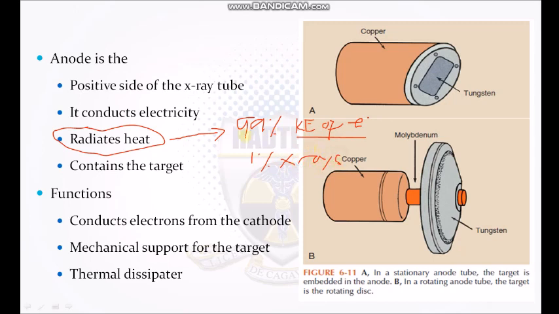So just imagine how large the heat production is. So the anode should be able to withstand the tremendous amount of heat that it will be receiving from the electrons.